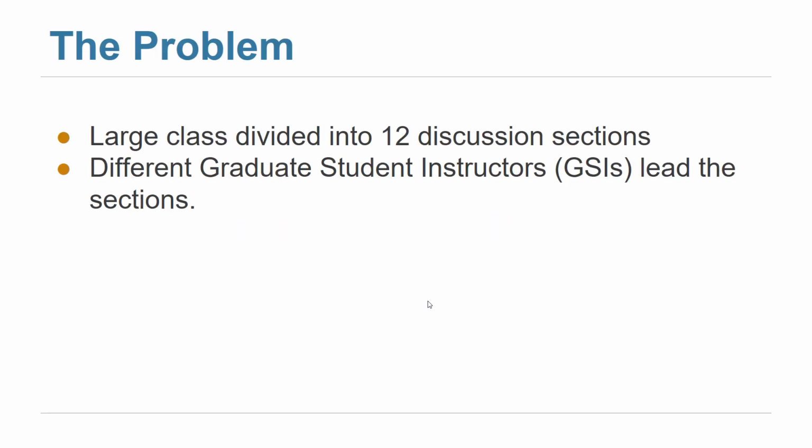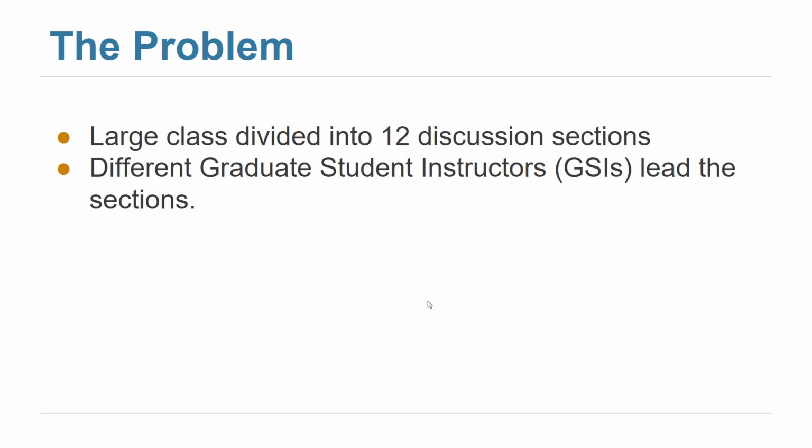We have a large class. Actually, in this case, it was a statistics class. The large class is divided into 12 groups or 12 discussion sections. Each section is led by a TA, called a graduate student instructor, so each group is led by one GSI.